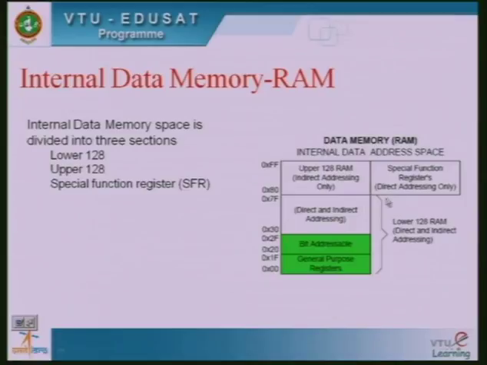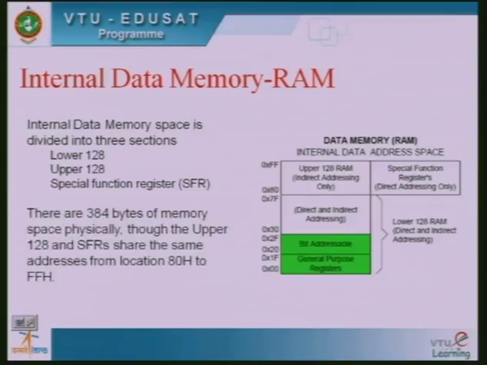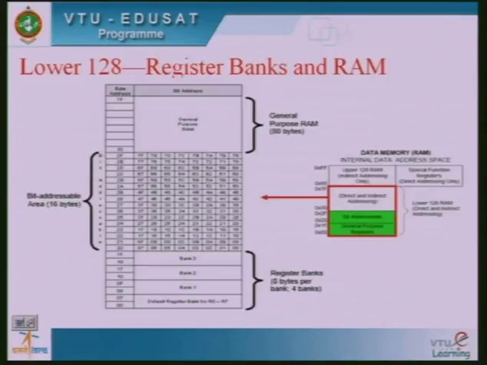We store special function registers there. As you can see, the total 256 bytes is divided into lower 128 and upper 128. The upper 128 is shared with the special function registers, so they share the same area. Totally it has 384 bytes, and we will see what this bit addressable area is.